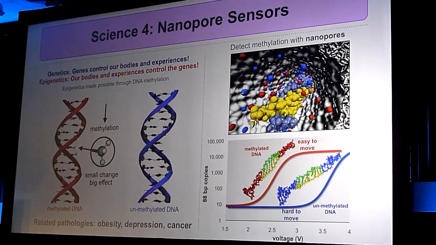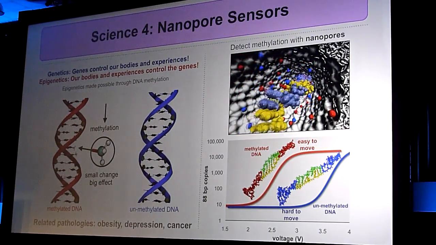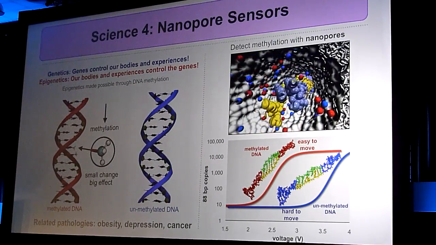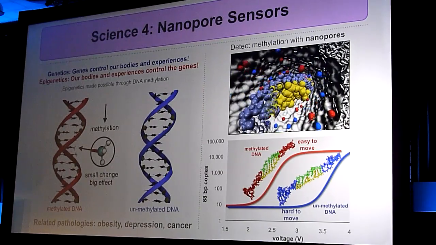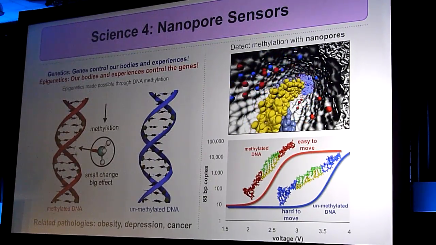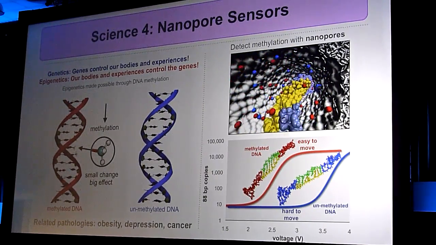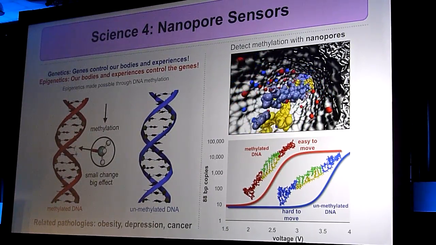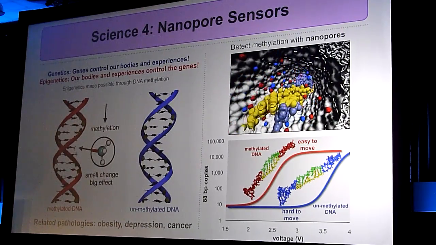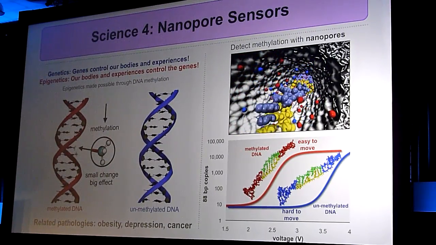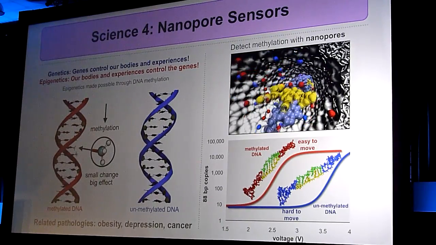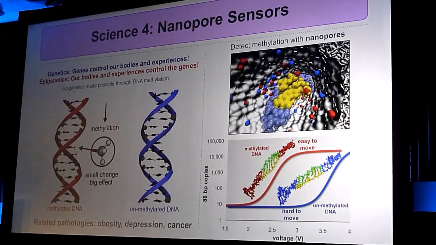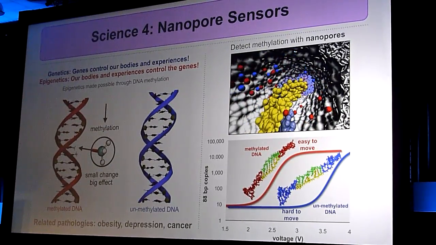You add on the right side, you see the famous Watson-Crick helix in blue, the normal one, and then in case of what is today called epigenetics, life experiences lead to the methylation of DNA, but it's a very, very subtle change. The change just involves at certain few spots on the DNA to replace a hydrogen atom by CH3, a carbon surrounded by 3 hydrogens.